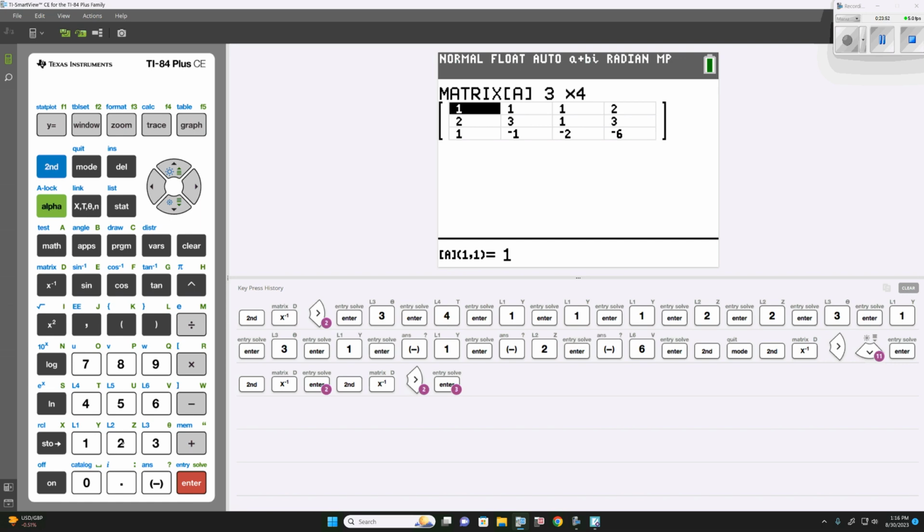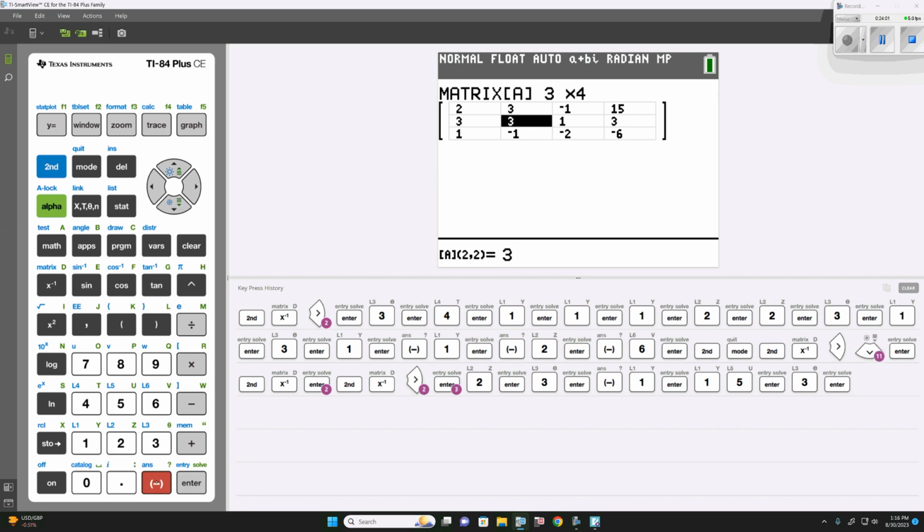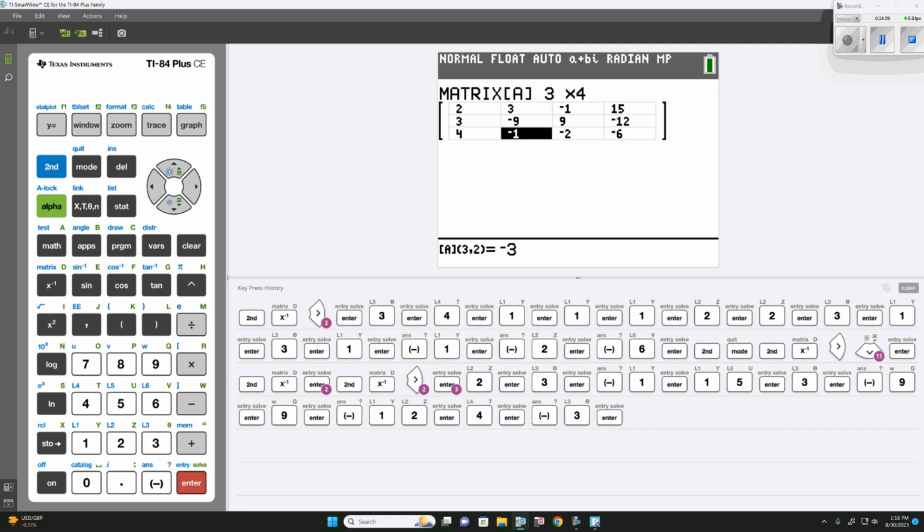Now the first number this time is 2, then 3, -1, 15. 3, -9, 9, -12. 4, -3, -1, 19.